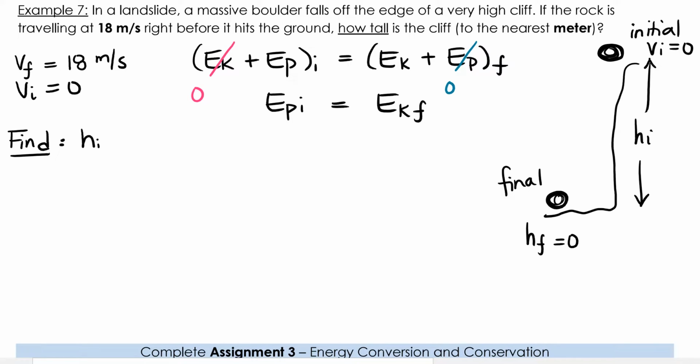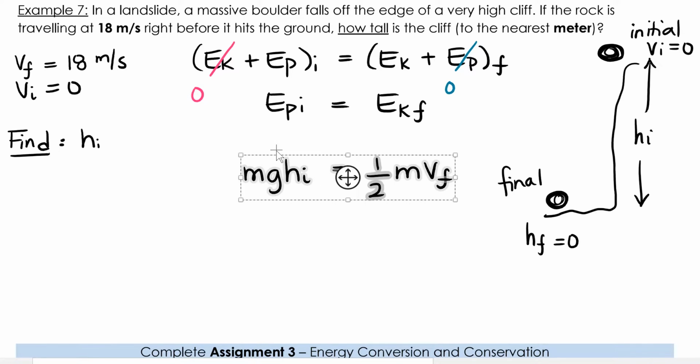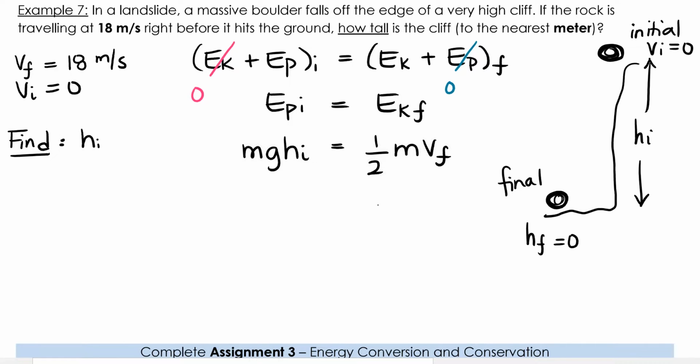Let's substitute our formulas for each. EPI is calculated as mass times gravitational acceleration times initial height, and EKF is calculated as 1/2 times mass times final speed squared. We are looking for the initial height, which will give us the height of the cliff.